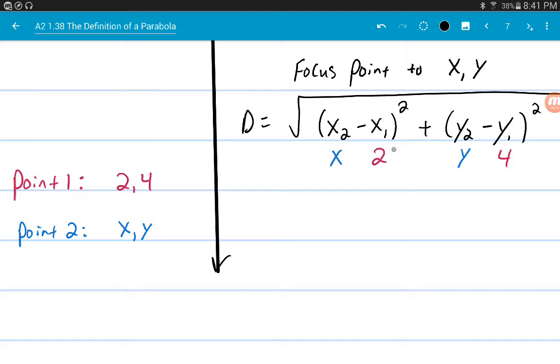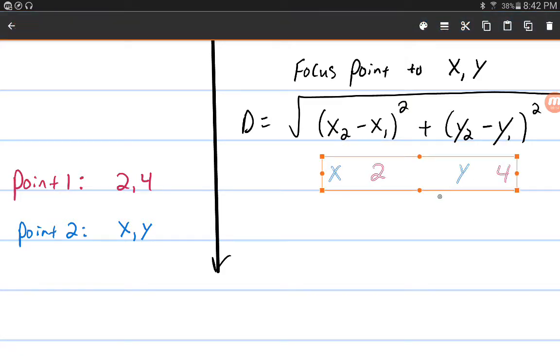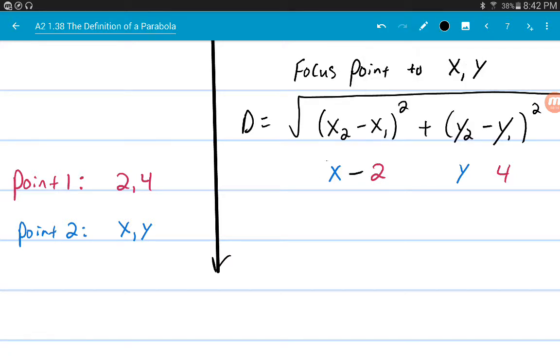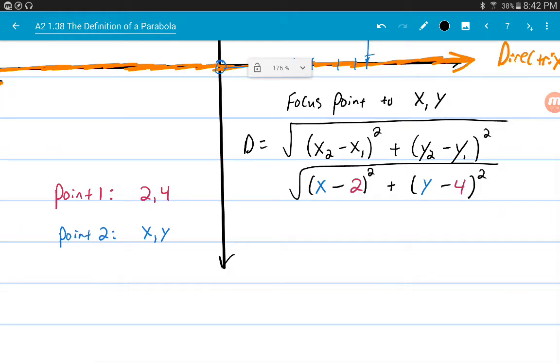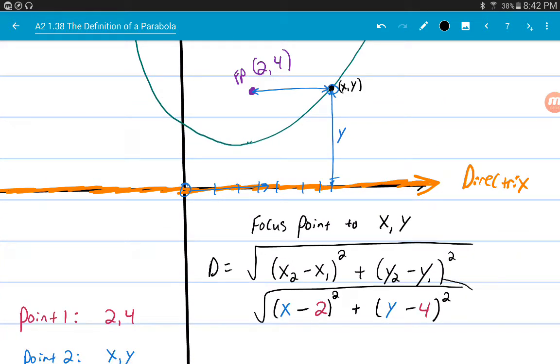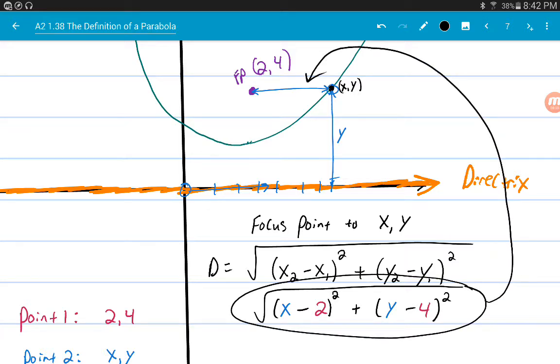Now we're going to bring down the rest of the equation. Give myself a little space because I'm getting crowded here. When we bring down the rest of the equation, I'm talking all the other pieces. Now this is the formula for the distance here.